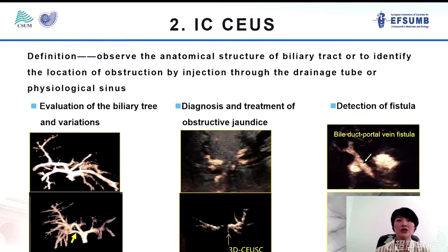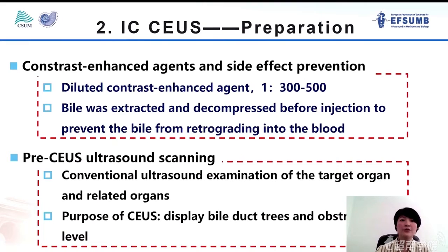Therefore, intracavity CEUS could be applied in presentation of the biliary tract and its variations, diagnosis and treatment of obstructive jaundice, and detection of fistula between the bile duct and other anatomical structures. Different from intravenous CEUS, diluted contrast-enhanced agent was used in intracavity CEUS.